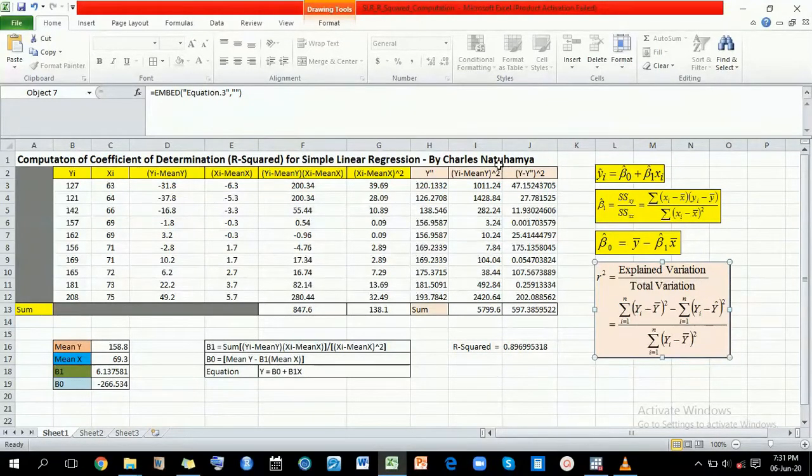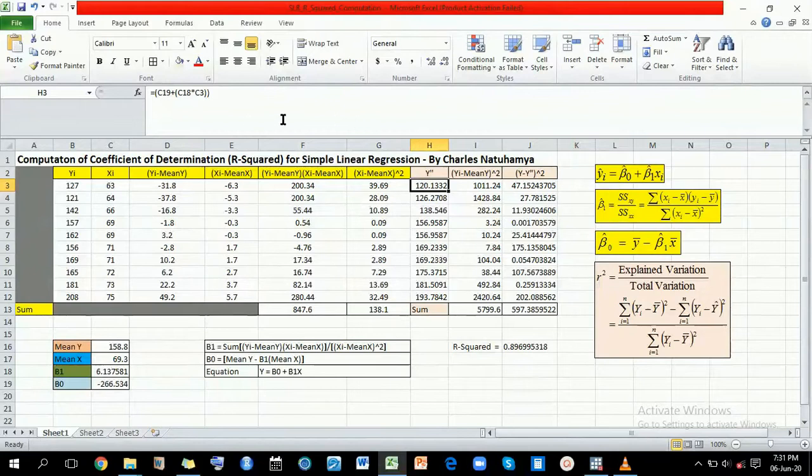So what I did, first of all, having computed beta naught, gotten the values of beta naught and beta 1 here, I went ahead to plug my x's into this equation. Having plugged in the x's, of course given the values of beta naught and beta 1, I got this expected y value.